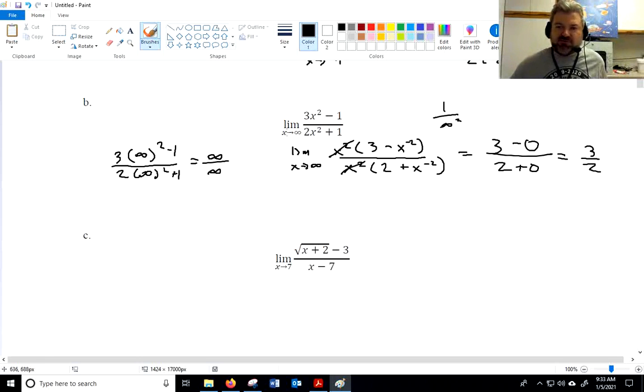And you might remember your rules from algebra class that when they have a rational function like this, if the degree of the numerator and the denominator are the same, we have a horizontal asymptote right there at the ratio of the leading coefficients. And a horizontal asymptote is simply a y value that we approach as x goes to either positive or negative infinity.